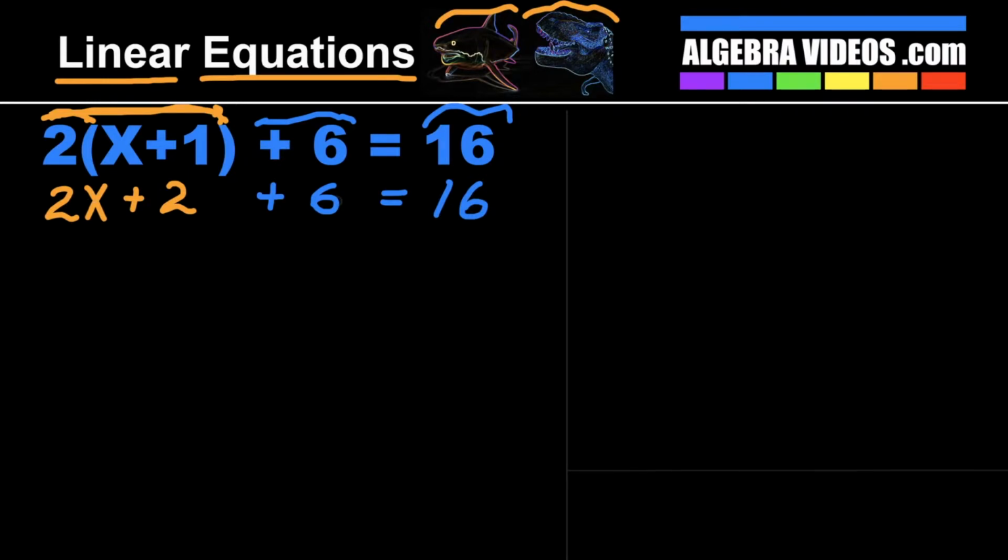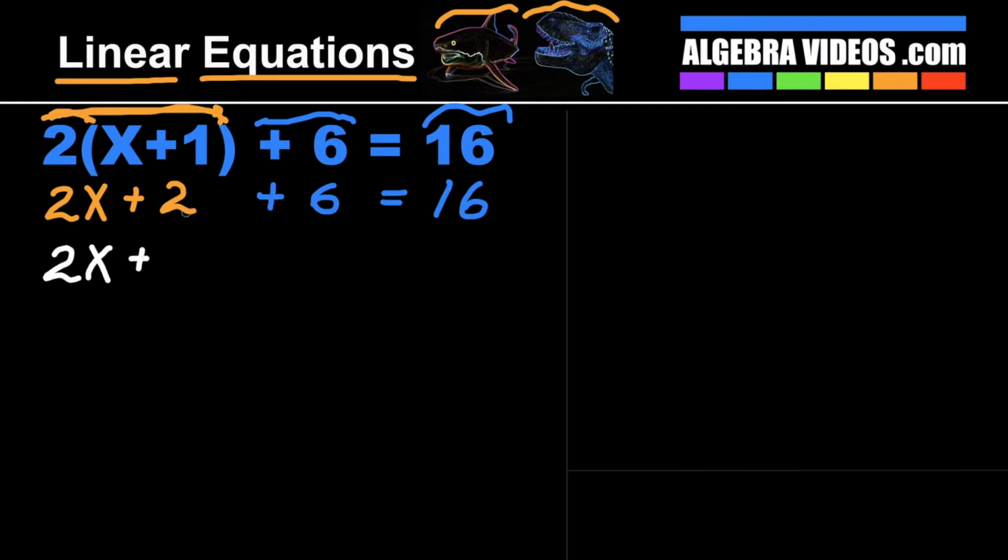2x plus 2 plus 6. On the left side, there's only one term with an x in it, so there's nothing to simplify there. But this 2x plus 6, the 2 plus 6, that can be rewritten as just 8, right? So let me bring down the 2x. No change.